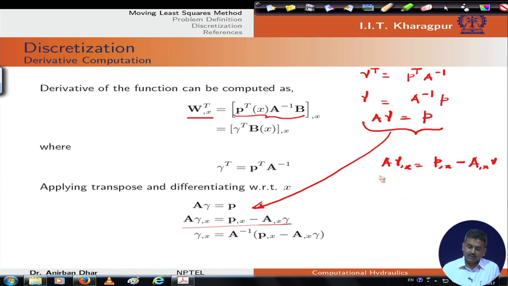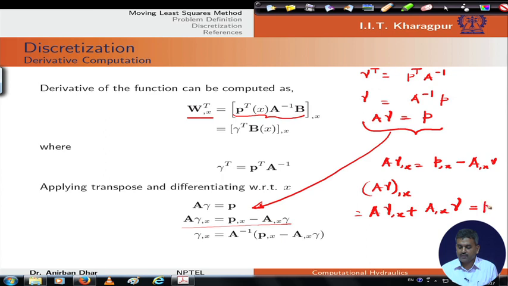So, this is nothing but the full derivative and we can write it in parts, plus A comma x into gamma, and we can directly equate it with P comma x and get this expression.